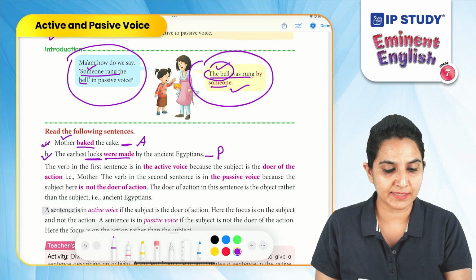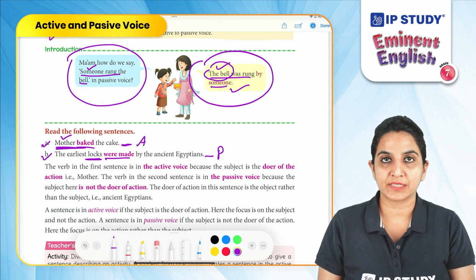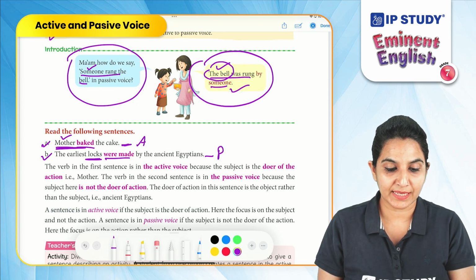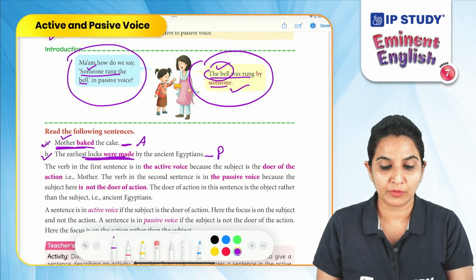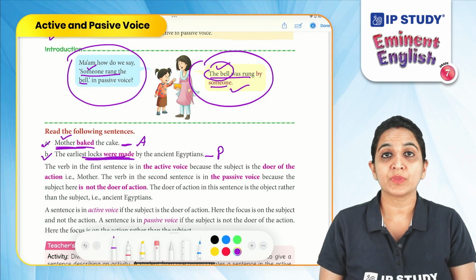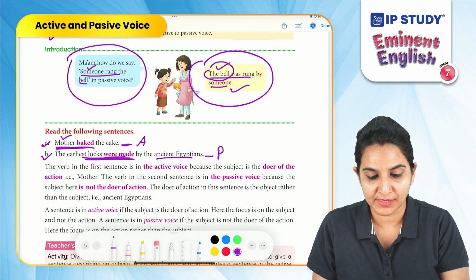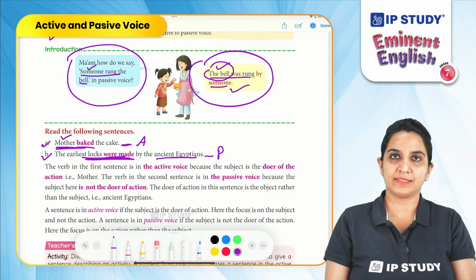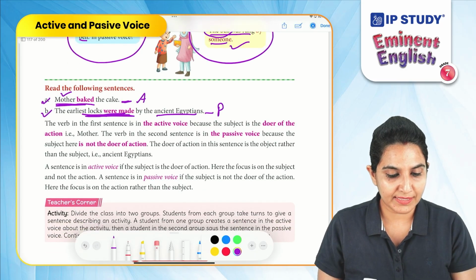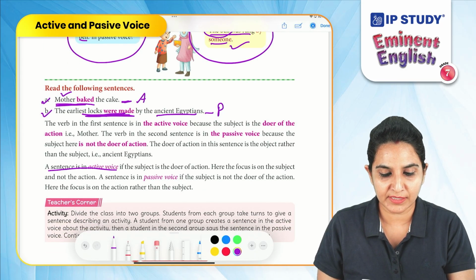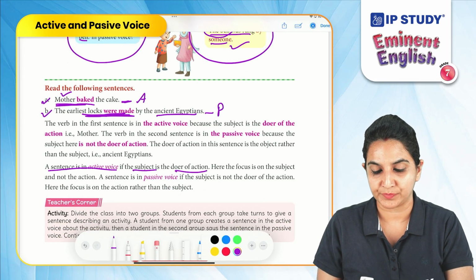In the first sentence, our focus is more on the subject and the subject is the doer of the action. In the second sentence, our focus is more on the object and we're using the verb with the object, whereas the subject, ancient Egyptians, is in the later part of the sentence. A sentence is in active voice if the subject is the doer of the action.